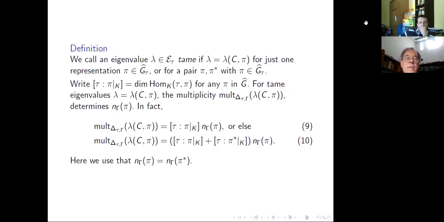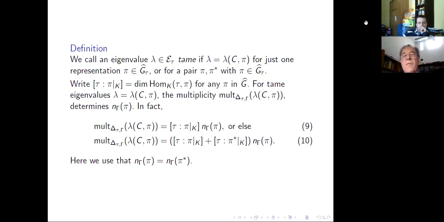Now, another main concept is the concept of tame eigenvalues. The tame eigenvalues are those eigenvalues that are involved with just one irreducible representation. The main problem here is that there are eigenvalues lambda that are eigenvalues for very different pi's, and in that case, it seems hard to separate the pi's.